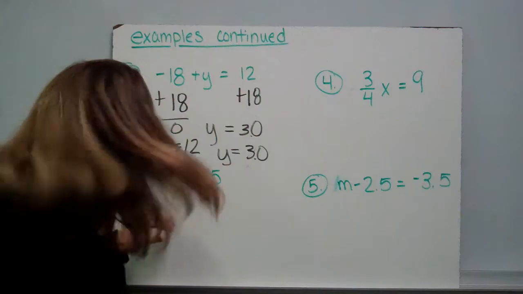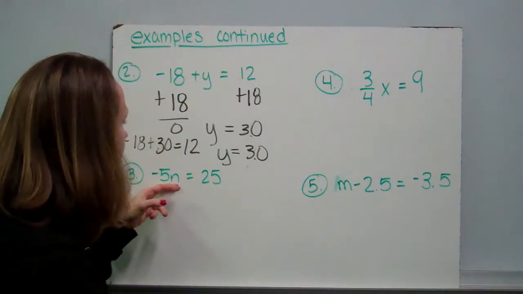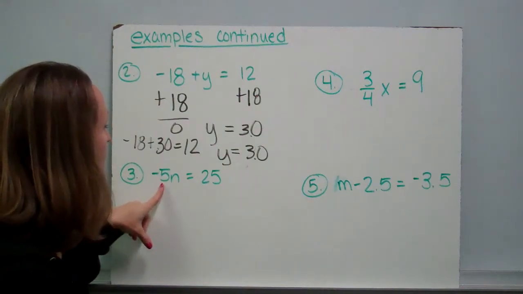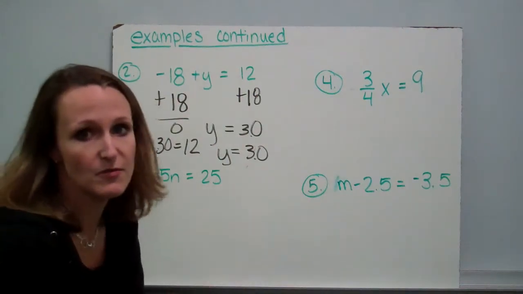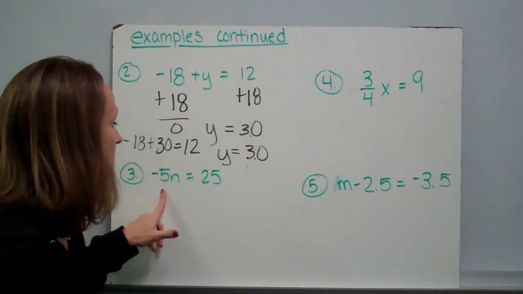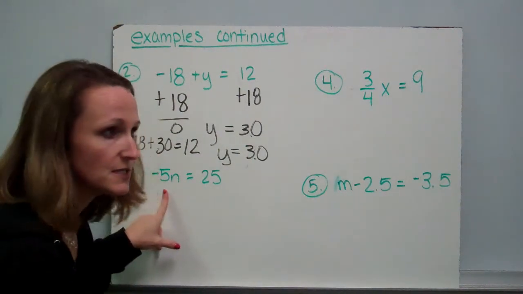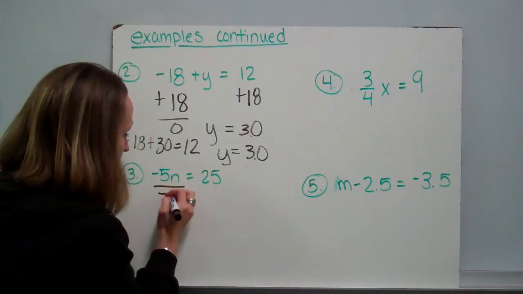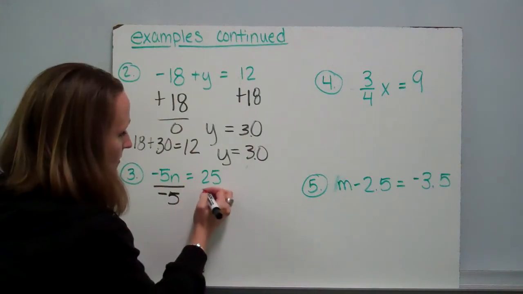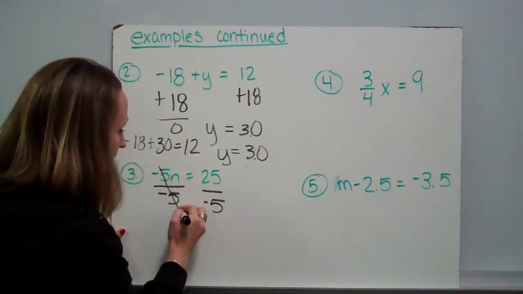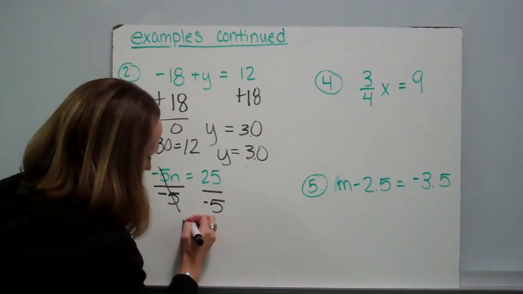All right, let's look at the next one. Negative 5n equals 25. Remember that when you have a number and a variable sitting right beside each other, it means you multiply. So for this one, the inverse of multiplication is division. So I'm going to divide both sides, not just by 5, but by negative 5. I'm going to divide this side by negative 5. So over here, my 5's will cancel out, and I'm just going to be left with an n.